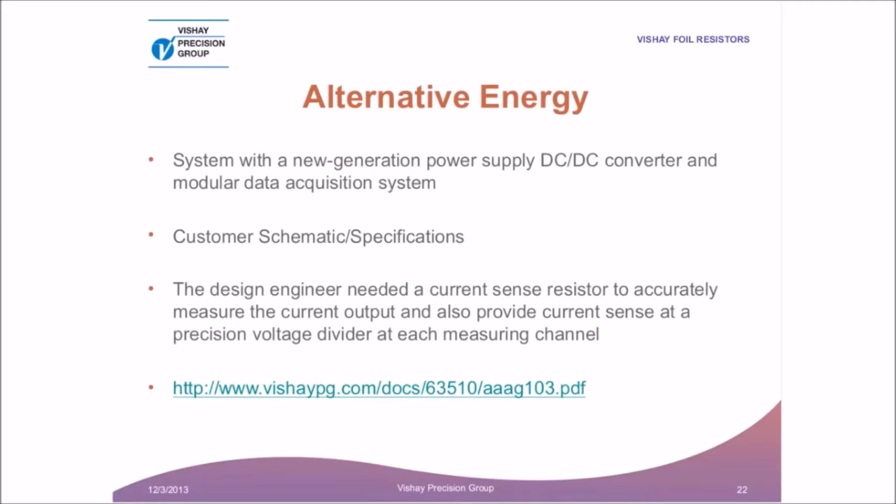The design engineer needed a current sense resistor to accurately measure the output current and provide current sense at a precision voltage divider. These alternative energy applications are ideal for foil resistors because of their inherent robustness and reliability. Typically, they're used in remote locations, be it solar energy or wind energy, where access and repair is difficult or impossible.